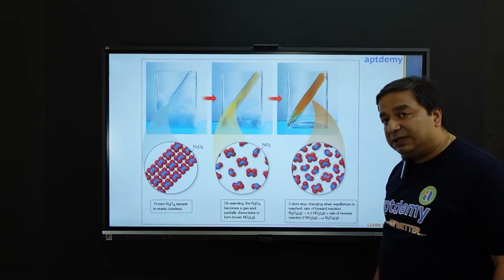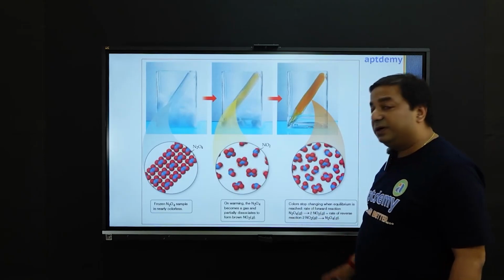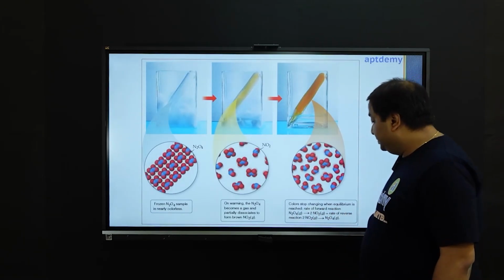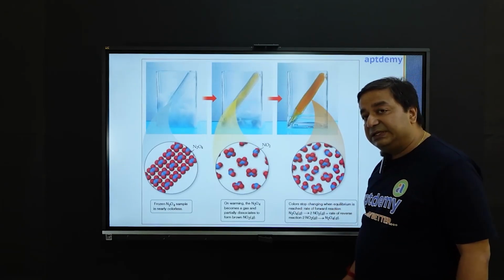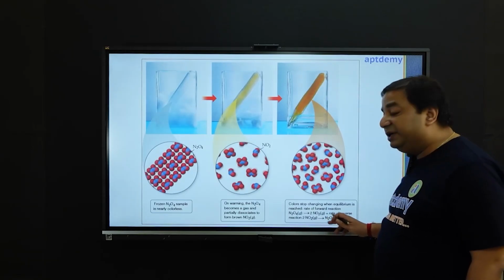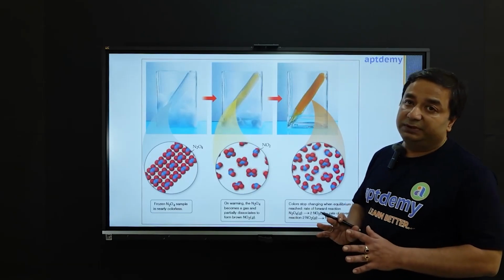That means the rate of the forward reaction, N2O4 gas becoming 2NO2, and the rate of the reverse reaction, which is 2NO2 molecules combining to form N2O4, become equal.